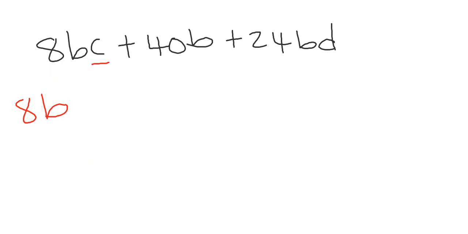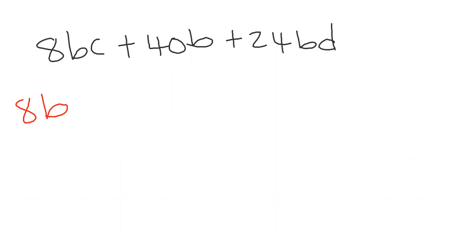We have a C here, but we don't have a C there. So the C is not going outside the brackets. The other variable we have is D, but D is not present in the other terms. So we can leave out D.